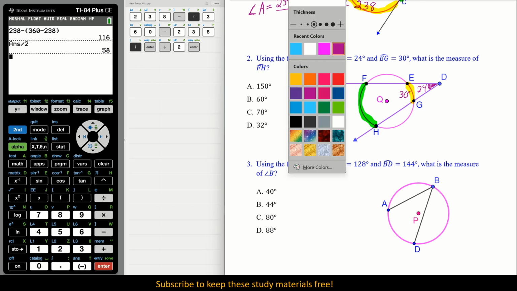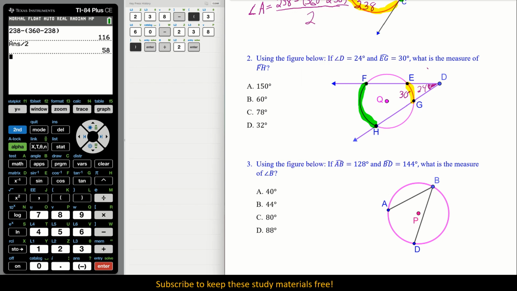Let me lay that out for us. I'm going to call the green arc X. So I have X plus 30 divided by 2, and that will give me 24. So in order to find the value of x, I need 24 times 2 minus 30. Let's put this in the calculator and see what happens.